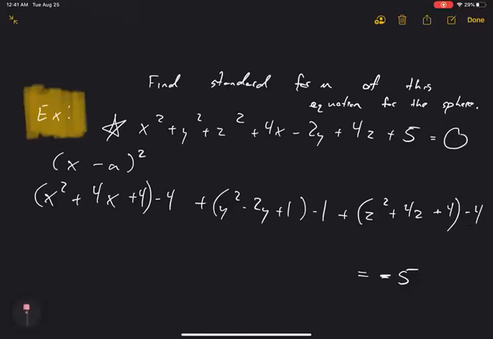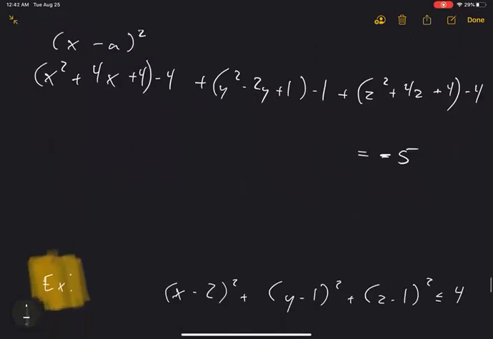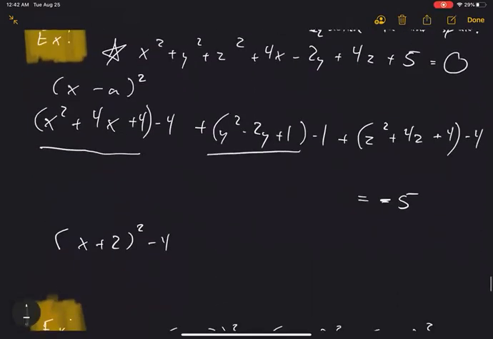All right, so the stuff in parentheses now. What is that stuff in parentheses? Well, this term here, what is that perfect square? That's x plus 2 squared. Then I have minus 4, right? And what about this term here? Well, that would be what?